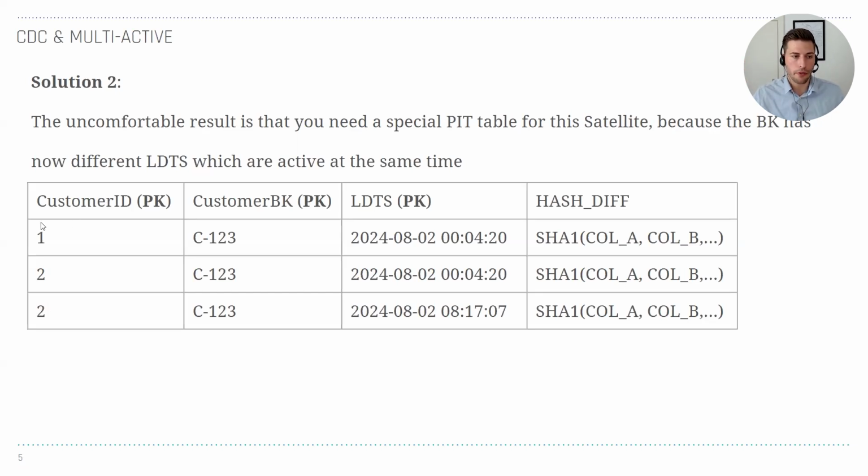So you proactively get them from the target satellite, that you search for the other multi-active components for the same customer, and then also insert the full block, so all multi-active components for the same customer. This makes the downstream processes much easier. Then you just need one point in time table and so on. So this would be solution number 2.